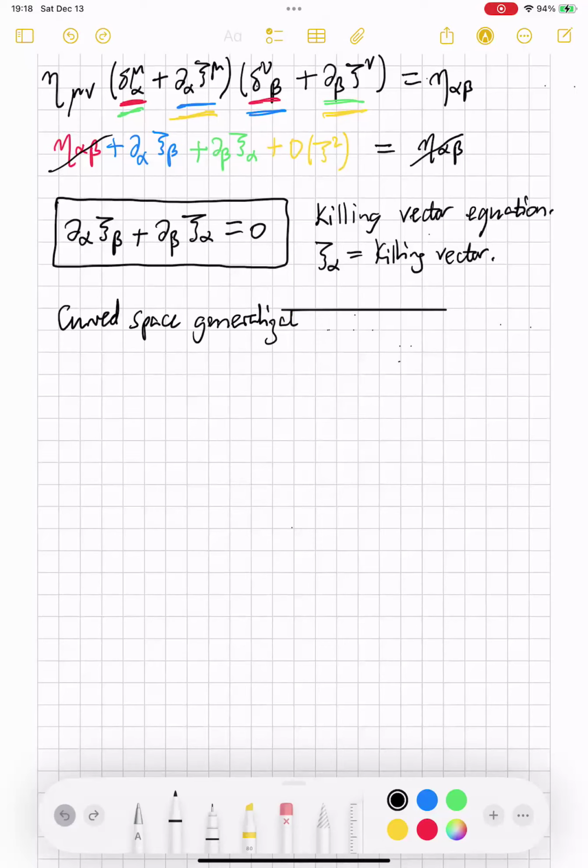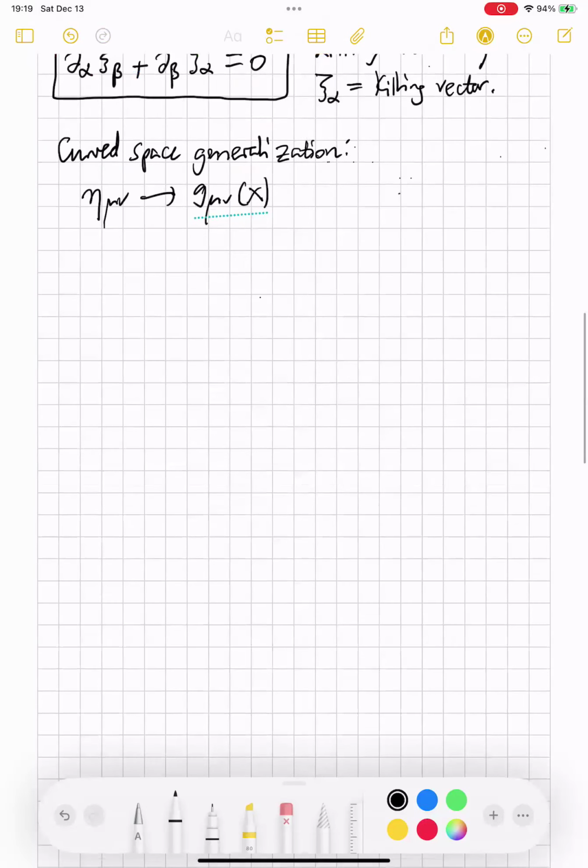Well, this would be the set of transformations that would preserve some general metric of a curved spacetime. You are going to derive the curved space generalization of the Killing vector equation. So you'll just repeat my exercise with the only difference being that now you will replace eta mu nu by g mu nu, some general metric, and g can depend on x. So when you do the coordinate transformation, g mu nu of x itself will also change. You need to take that into account.